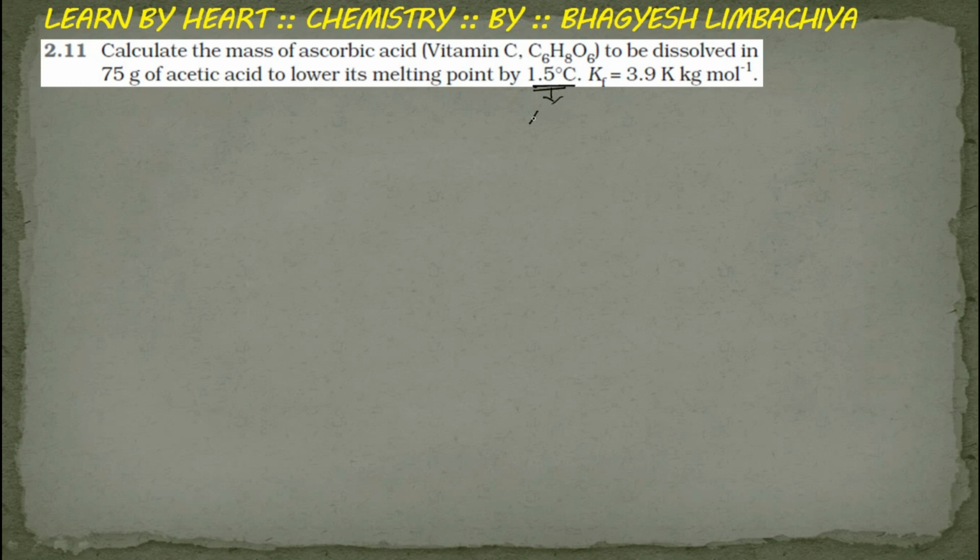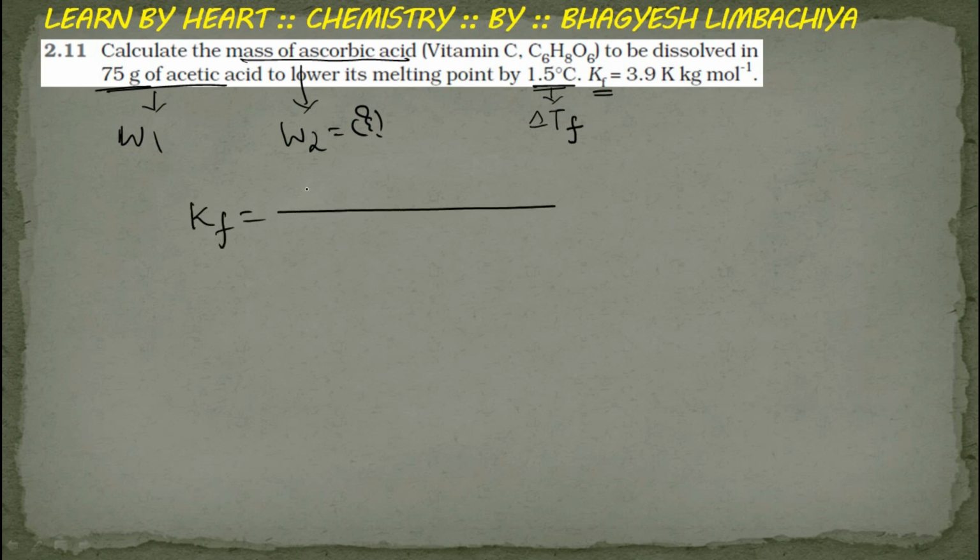So directly you are given this delta TF, acetic acid is the solvent, its mass is W1, and the mass of ascorbic acid, that is W2, is asked, and Kf is also given to you. So simple, we will apply the formula Kf equals W1 M2 delta TF by W2 1000.